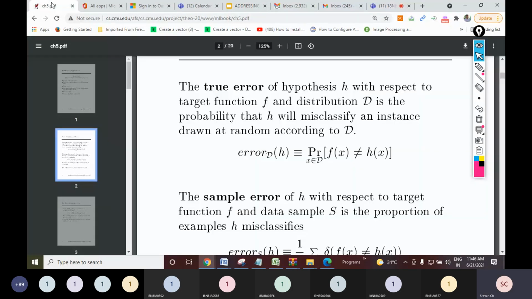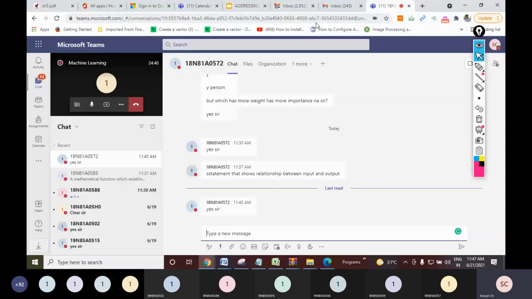The true error of a hypothesis H with respect to target function f and distribution D is the probability that H will misclassify an instance drawn at random according to D. Anybody understood anything? No? No issues.